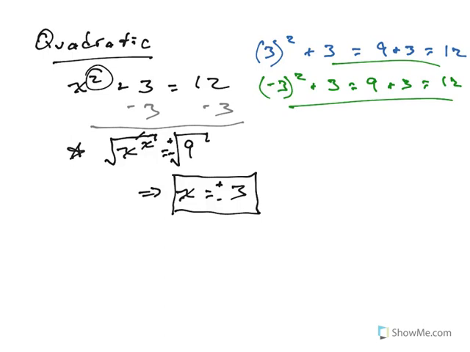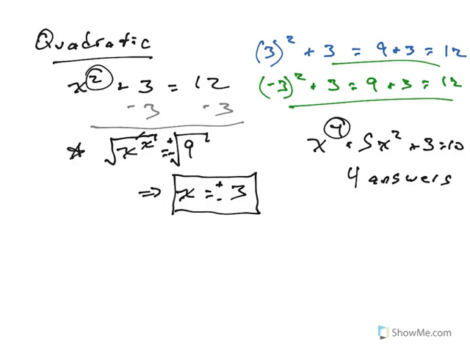That means we're going to get 2 answers to this equation. If I had something like x to the 4th plus 5x squared plus 3 equals 10, the 4th is the highest power. That means there's going to be 4 answers to this equation. So that's just something to note.